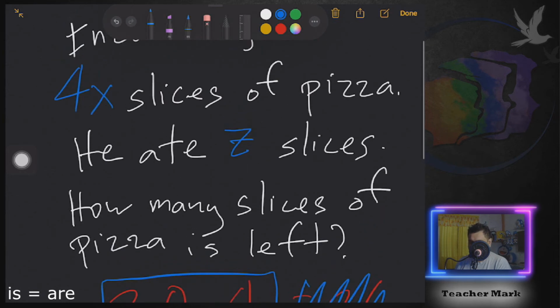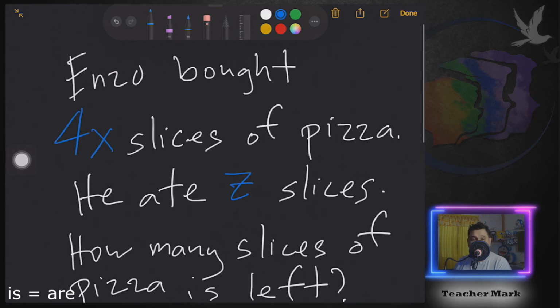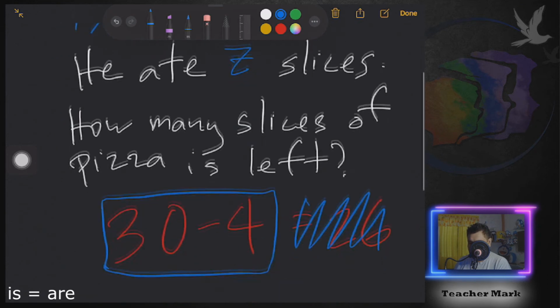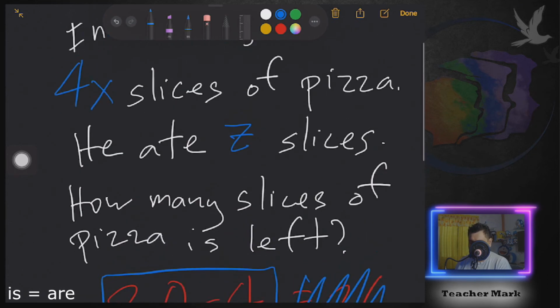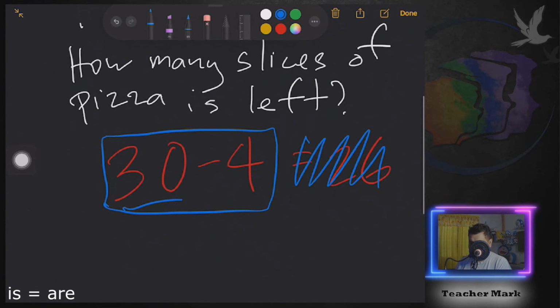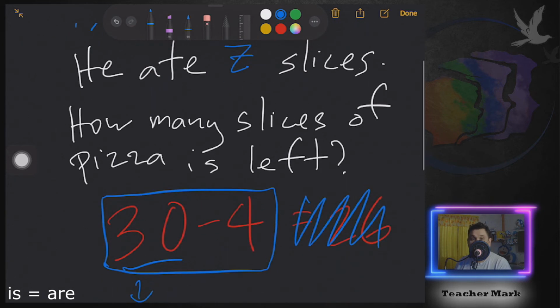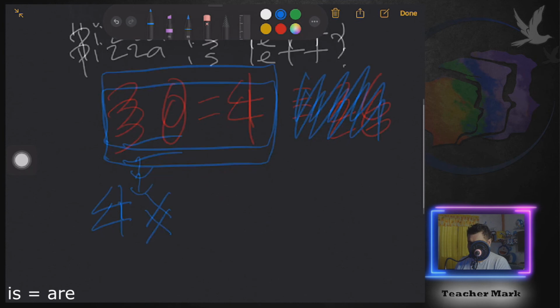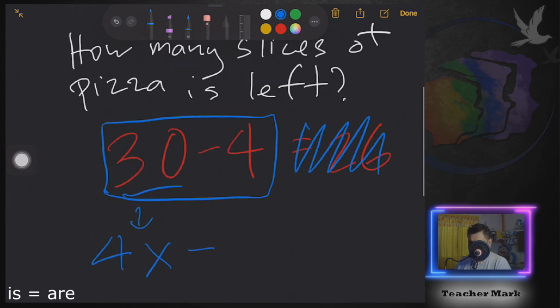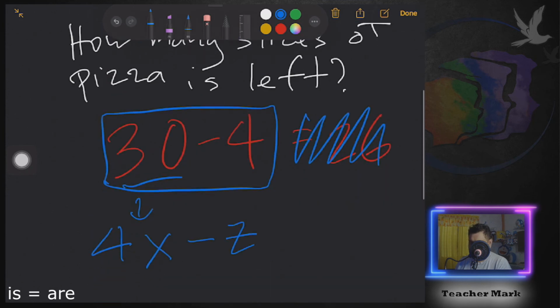So if we are going to convert what we did earlier, the original number of slices was actually 30, which is now equivalent to 4x. So that's basically removing that certain amount of slices from the original number of slices, which is minus the value of z.